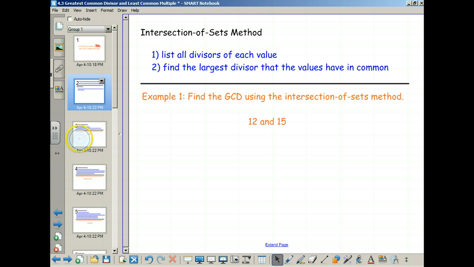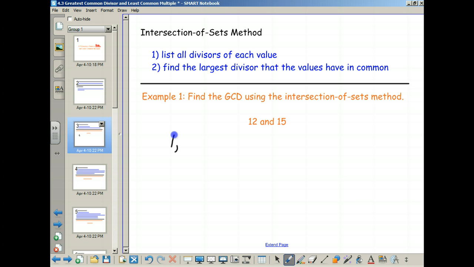So let's take a look at several different methods for determining if and when we actually have a greatest common divisor. So the first method is the intersection of sets method. And the way that this works is you list all of the factors of each of the numbers you're looking at, and the biggest one is your greatest common factor. Okay? So factors of 12.